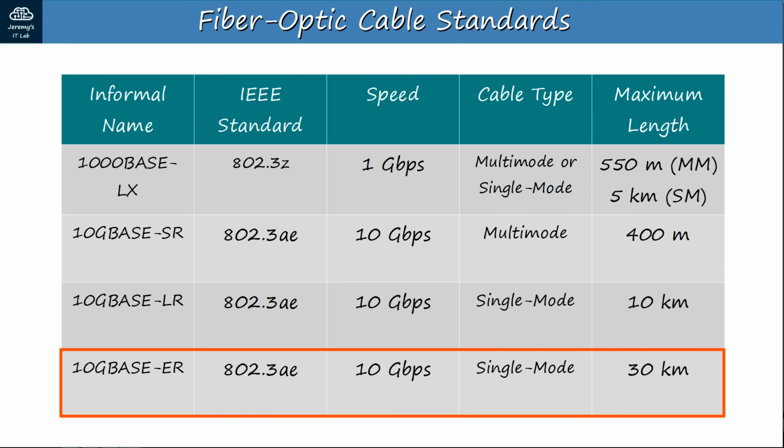Finally, 10GBASE-ER, also part of the 802.3ae standard, and operating at 10 gigabits per second. It supports cable lengths even longer than 10GBASE-LR, with distances up to 30 kilometers possible over a standard connection.